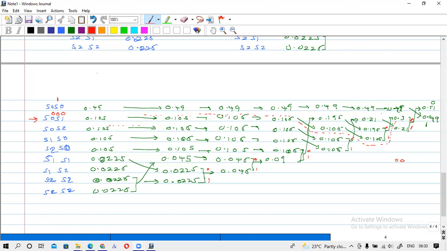Okay, so this is 0, 1. Here we get 0, no? What is the value here?